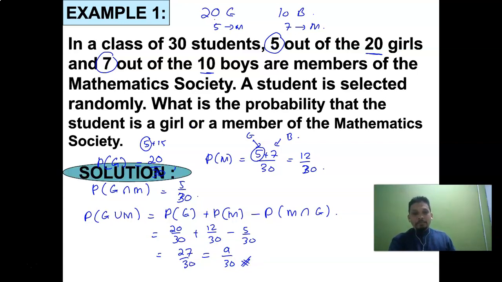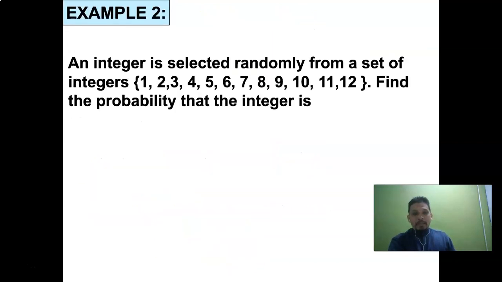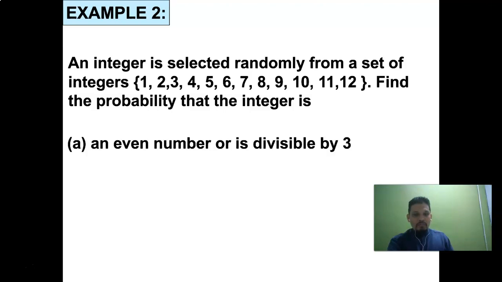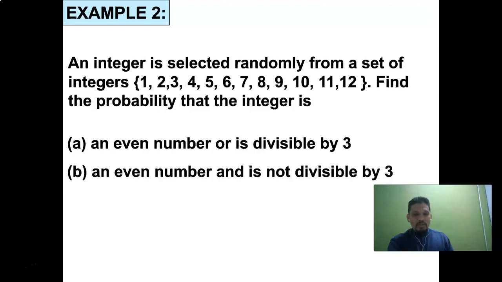An integer is selected randomly from the set of integers 1, 2, 3, 4 until 12. Find the probability that the integer is an even number or is divisible by 3.